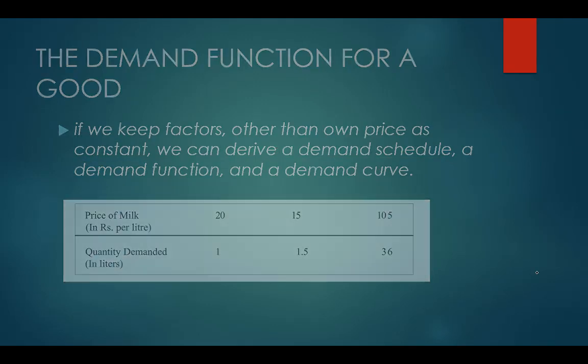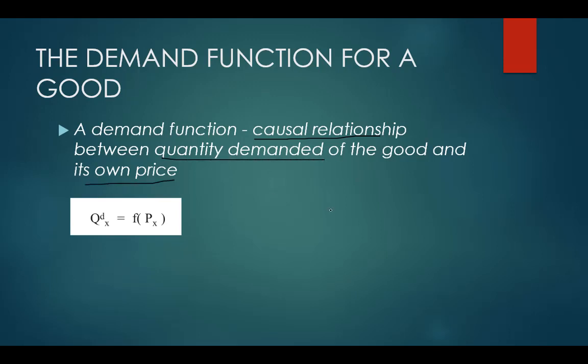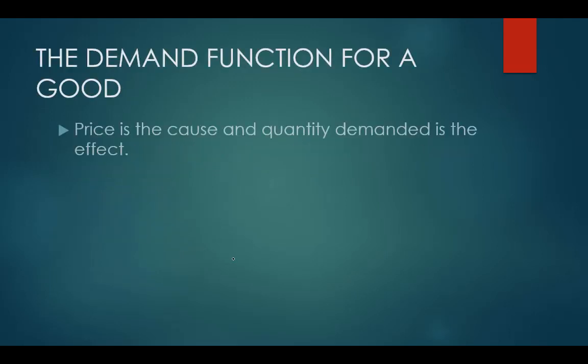A demand function for a good expresses a causal relationship between quantity demanded of the good and its own price. In other words, it is a functional relationship between demand and price. If the good is X, and Q is quantity demanded, and P is the own price of good X, then the general form of the demand function will be Q equals f of P. What it says is that quantity demanded depends on price.